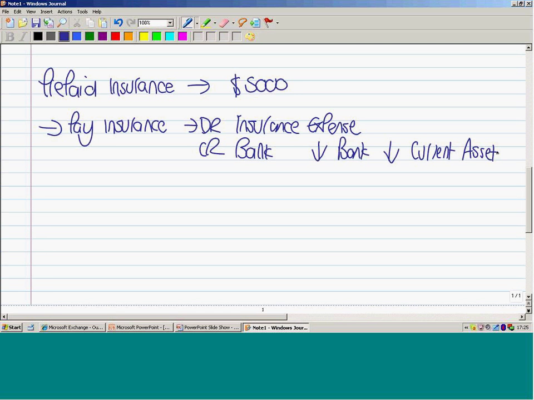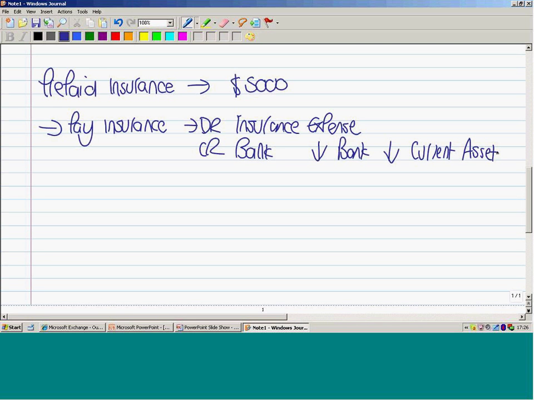Fantastic. All I do is we paid insurance, debited the insurance, income statement, we've credited the bank. So by crediting the bank for this insurance, we've reduced the bank and therefore reduced the current asset.